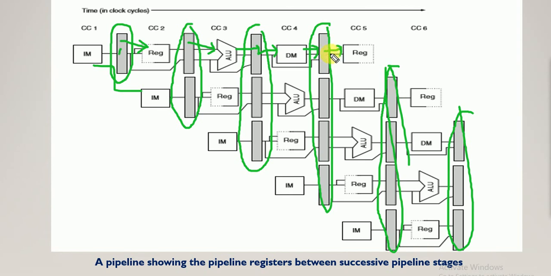In order to improve the performance, and to have security on all the interaction between different stages of the pipeline, we are introducing a new hardware architecture called pipeline registers. As we can see, for the different stages we require different registers. It will automatically increase the cost of the entire system that uses pipelining. This is an example pipeline that shows pipeline registers between the successive pipeline stages.